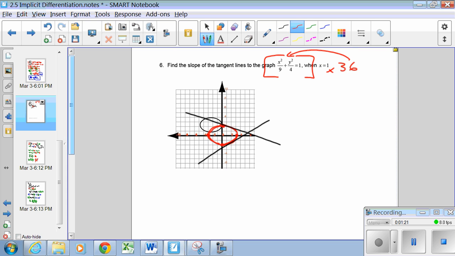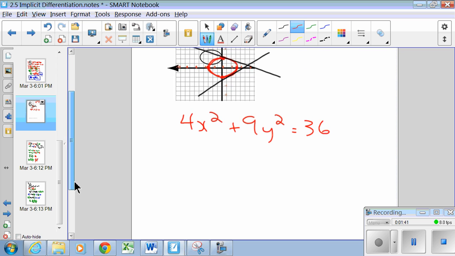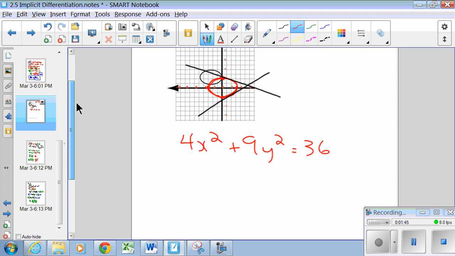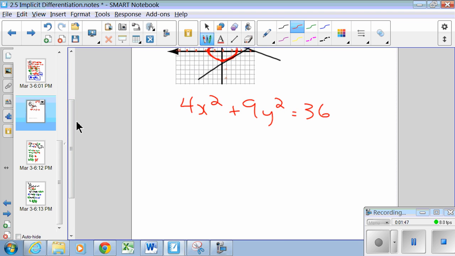So 36 times x squared divided by 9 becomes 4x squared. 36 times y squared divided by 4 becomes 9y squared, and 1 times 36 is 36. So we're just changing our equation so it doesn't have fractions in it. The original form of the equation is nice to see the stretch factors, but this equation is much nicer to work with in terms of finding derivatives.